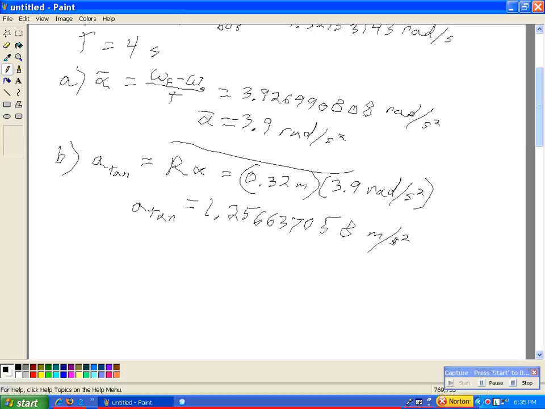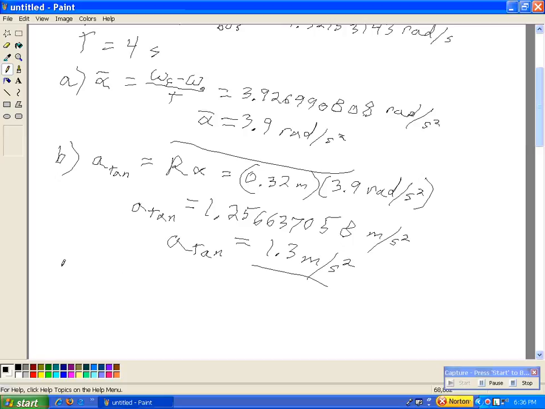That's right, it's meters per second squared because we multiplied by something in meters, the radius. So meters times radians. Radians is an invisible unit, so you could write meters times radians over second squared if you want, but it's meters per second squared. Putting it in significant figures is 1.3 meters per second squared.